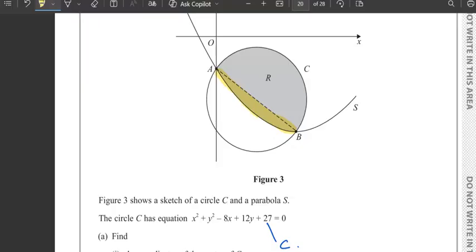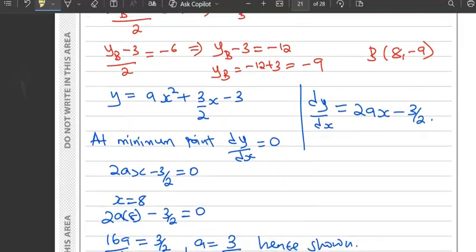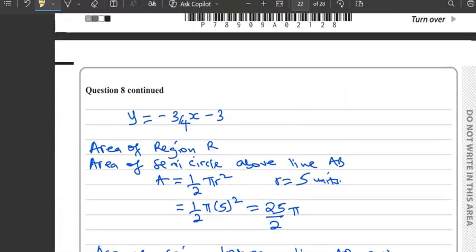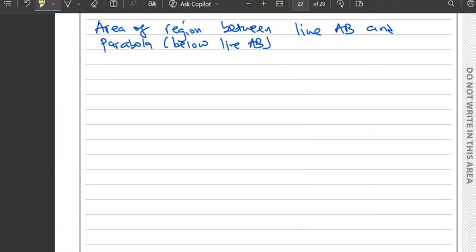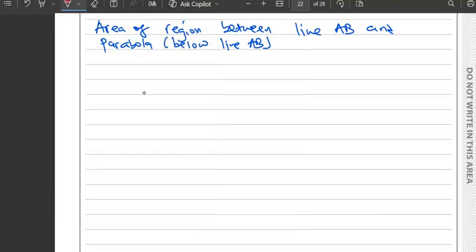So how do we get the area of this region? This is what we are going to do.